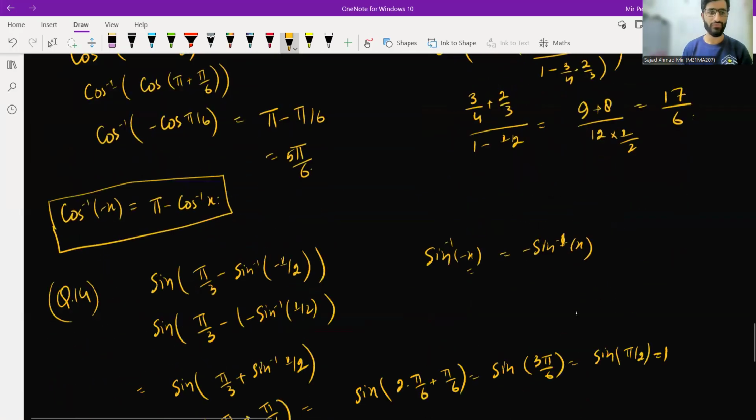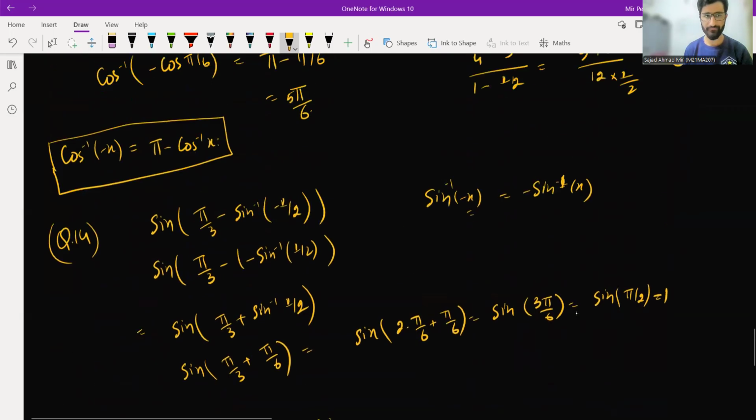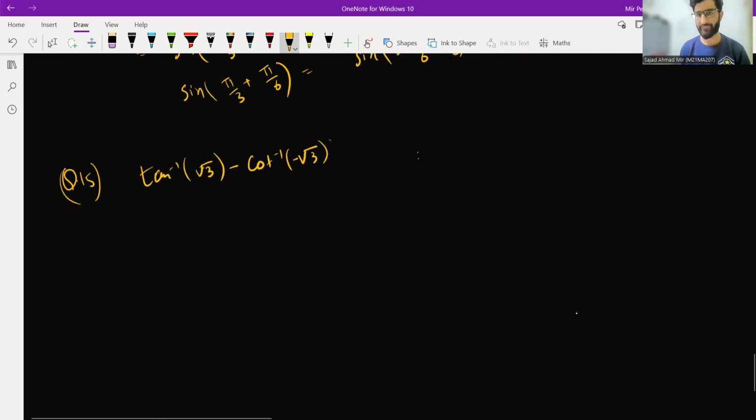The last question is question number 15. We have to evaluate tan inverse root 3 minus cot inverse of minus root 3. So here is the point. Cot inverse of minus x is pi minus cot inverse of x.